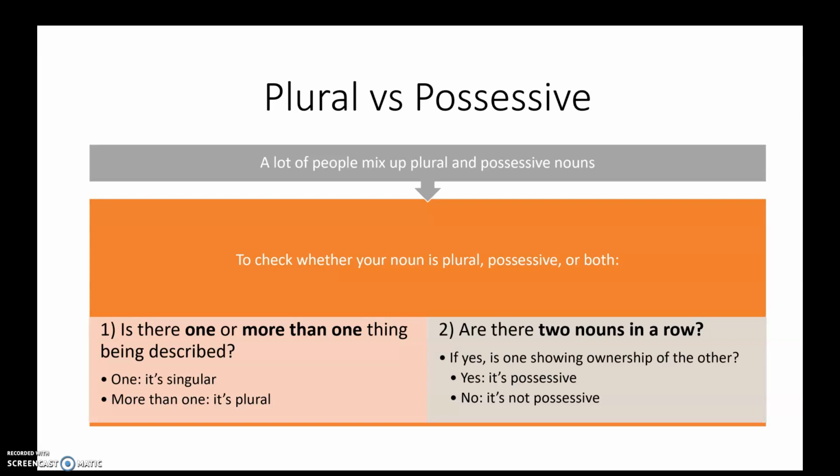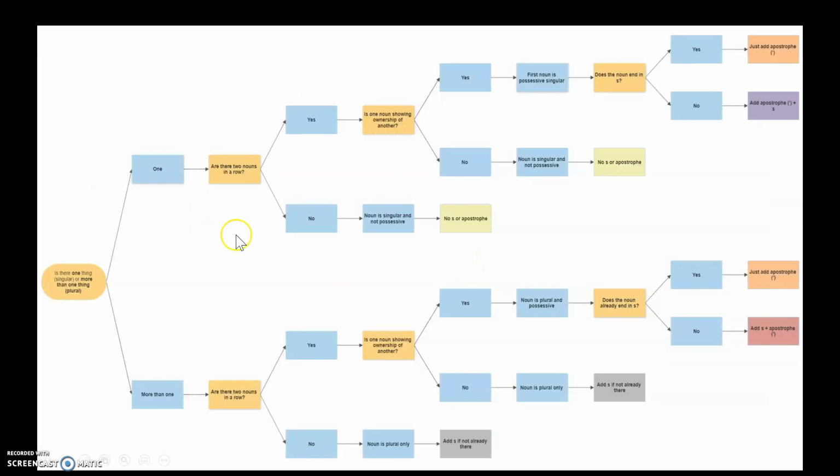For instance, if you have the boy's book, the book belongs to the boy, so one is showing ownership. If it's yes, then it's possessive. If the answer is no, then it's not possessive. And from there, you can figure out how to place those S's or those apostrophe S's or the apostrophes depending on what's going on. Here's a flowchart that you can use as a reference.